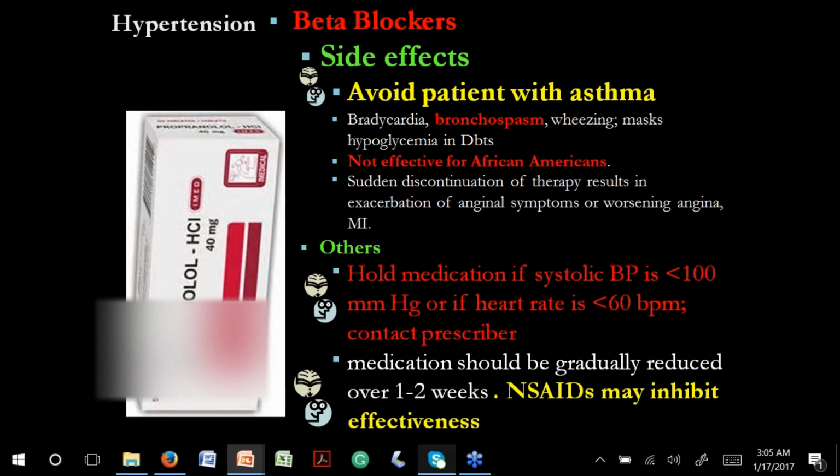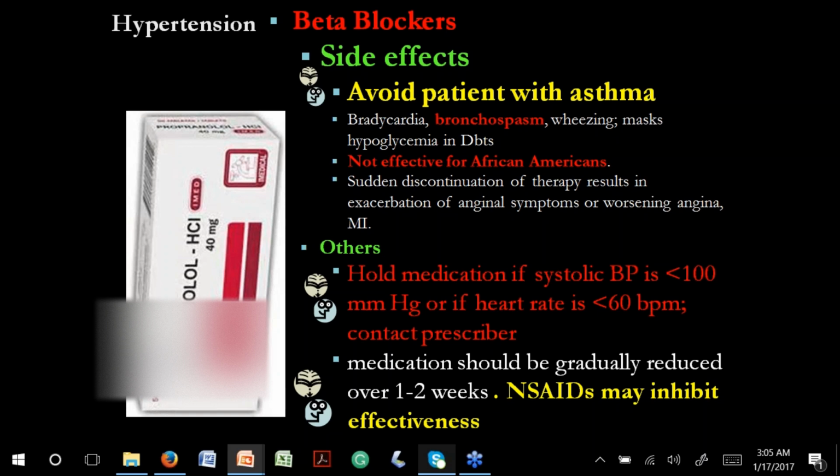By diminishing the heart rate, they produce a diminishing of the cardiac output, right? Cardiac output, you know, is stroke volume times heart rate. The heart rate goes down, cardiac output goes down, and the blood pressure goes down. So now beta 1 is blocked.